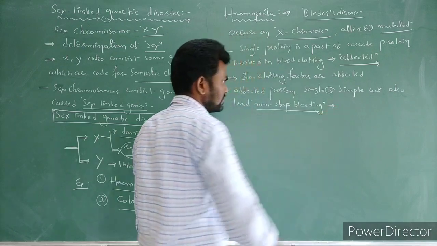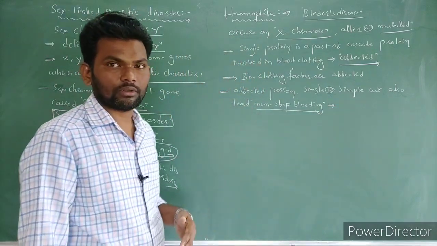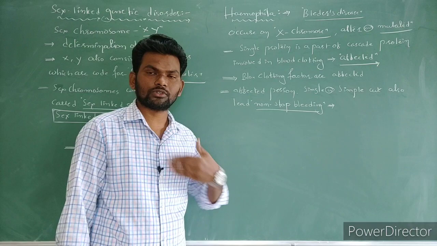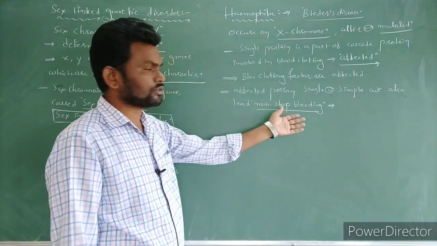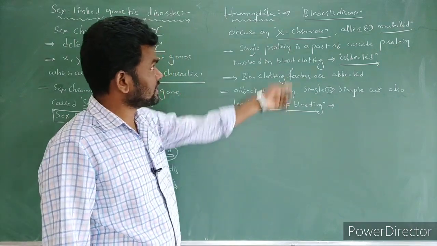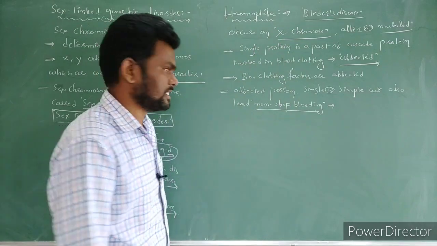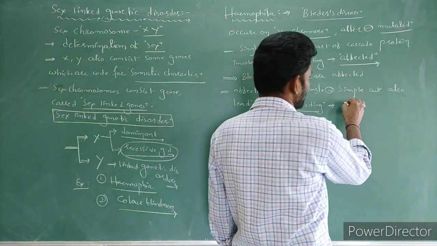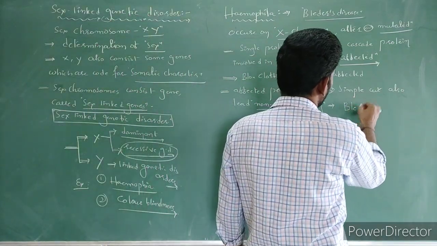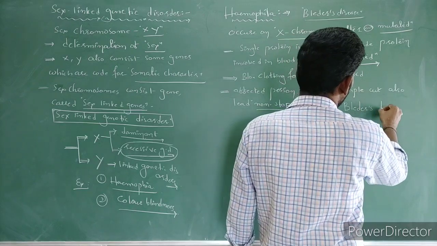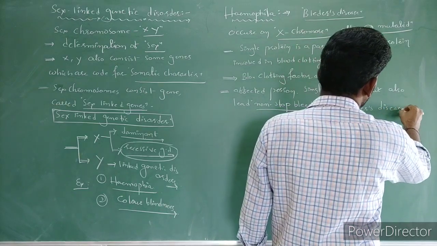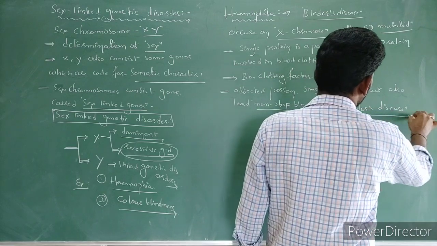At the last, the blood flow is not controlled, the complete amount of blood is released to the outside, and the person is going to die. So that's why it is called what? Bleeder's disease. Got my point?